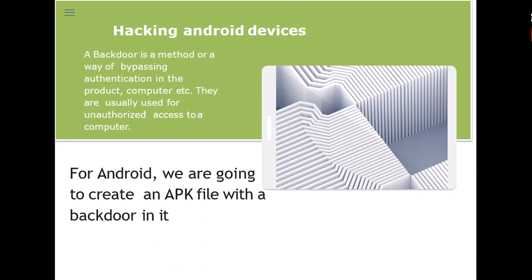So why do we use a backdoor? First of all, what is a backdoor? As its name suggests, a backdoor is an entry that is not the main gate. It is a kind of entry by the back door. Suppose a hacker takes a long time to perform an Android attack or any kind of attack.